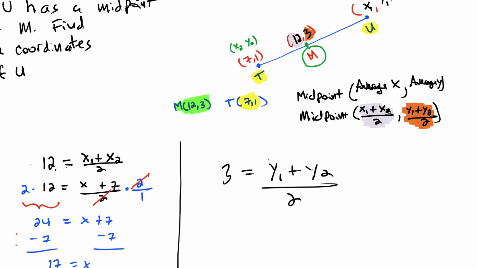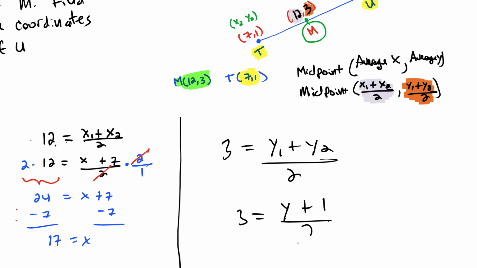So 3 equals your y1, which we could just write as y, plus what? 1, from right there, over 2.